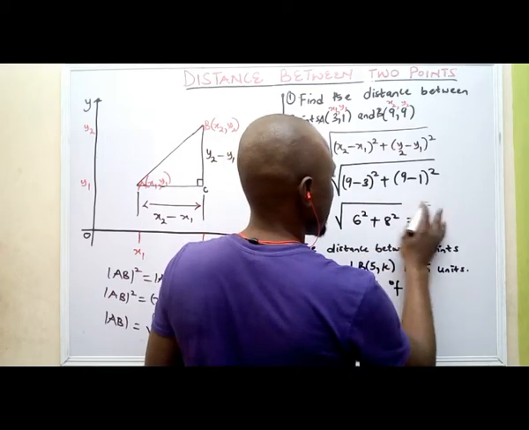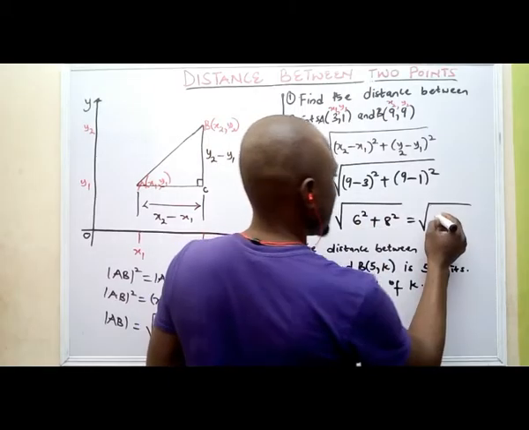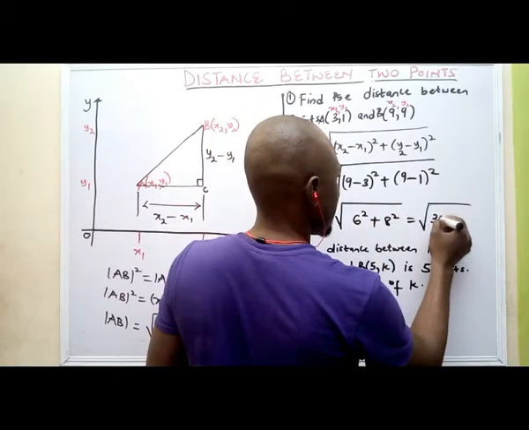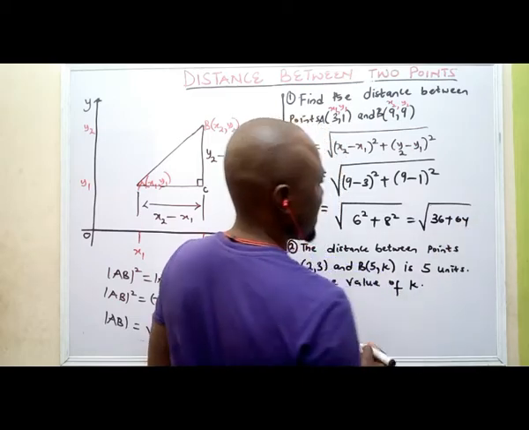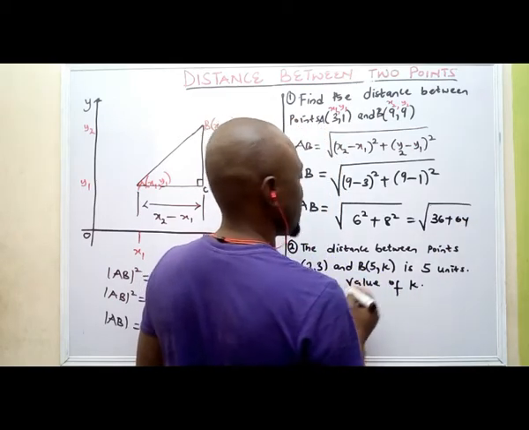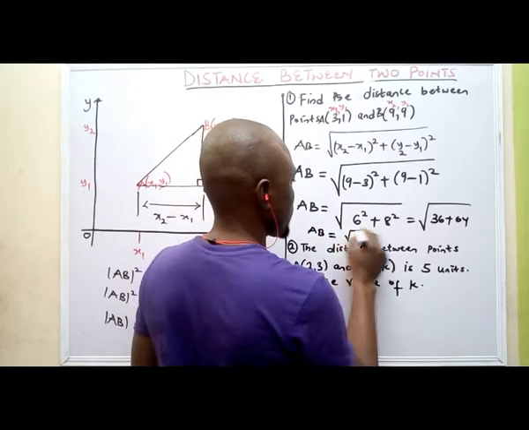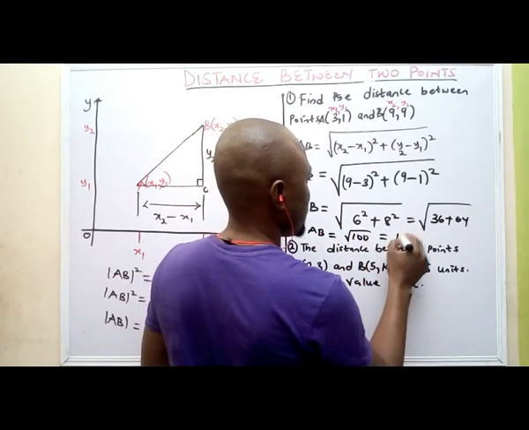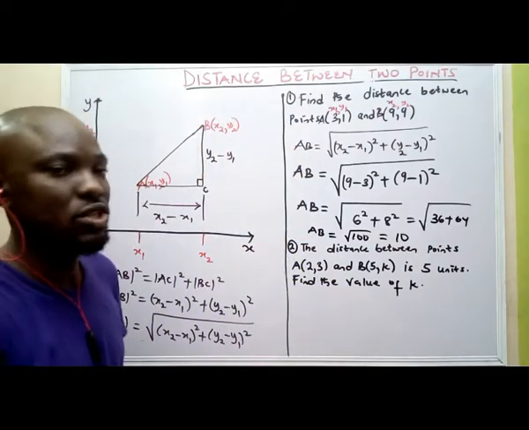So therefore I have the square root of 6 squared is 36 plus 8 squared is 64. If I add that, 36 plus 64, I'm going to get 100. So AB will be the square root of 100, which will be 10. So the distance is 10. So I have 10 units.